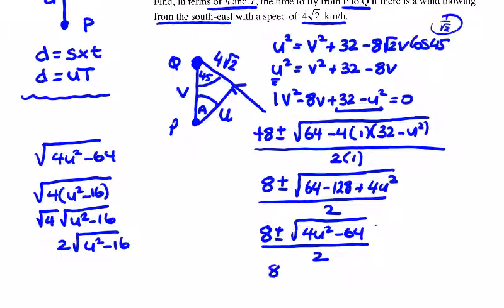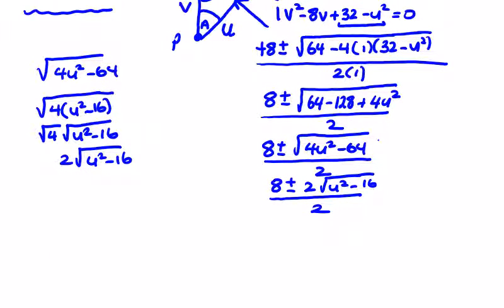So we're going to get 8 plus or minus 2 by the square root of u squared minus 16. And now this does tidy up nicely. So that's going to be 4 plus or minus, the 2's will cancel, the square root of u squared minus 16. And what's that? This is the speed of the plane.